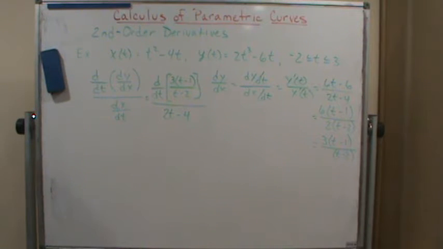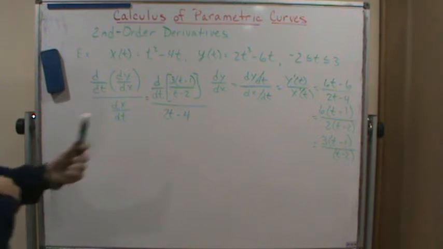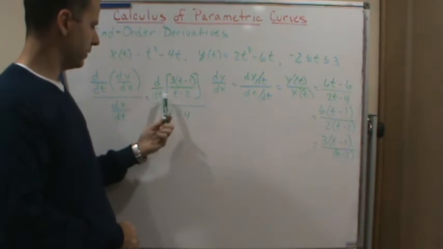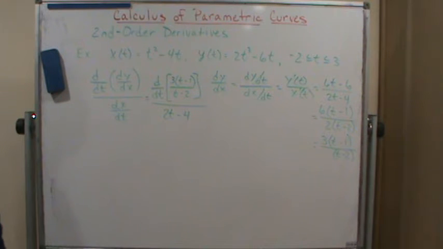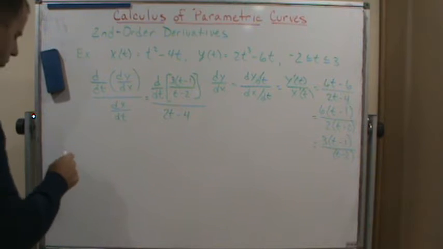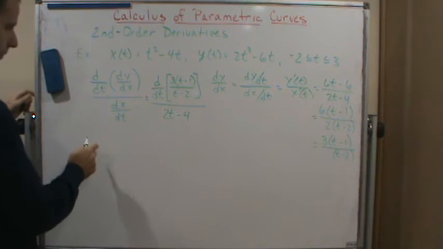Okay? Now, how do we take the derivative of this here? Here we've got a quotient, so we're going to have to use the quotient rule. So let's use the quotient rule down here. Let's go through this.